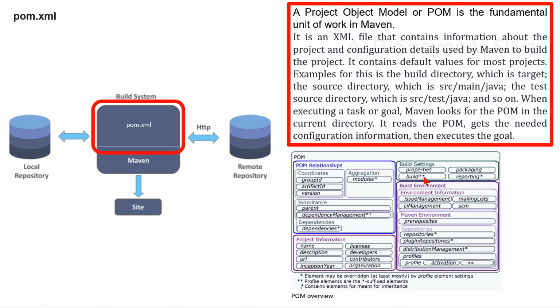Plugin management is an element that is seen alongside plugins. Plugin management contains plugin elements in the same way, except that rather than configuring plugin information for this particular project build, it is intended to configure project builds that inherit from this one.